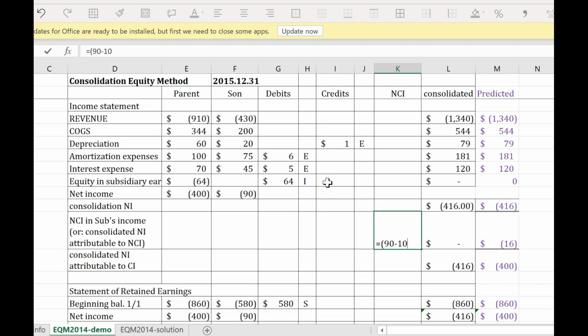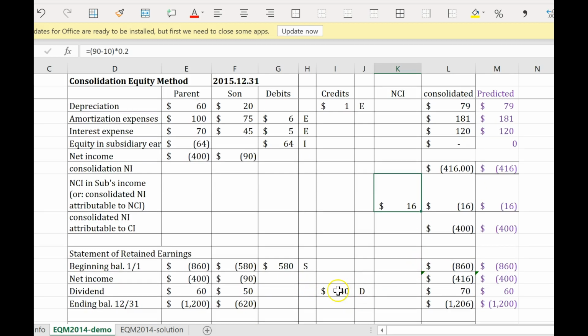We need to subtract the 10,000. So the subsidiary's net income minus the amortization equals the subsidiary's real net income. Because they take too much or too little depreciation and amortization, their net income numbers are off, and we want to adjust them. But the NCI only owns 20%, so this is 0.2. So that's exactly 16, which is what we predicted before.